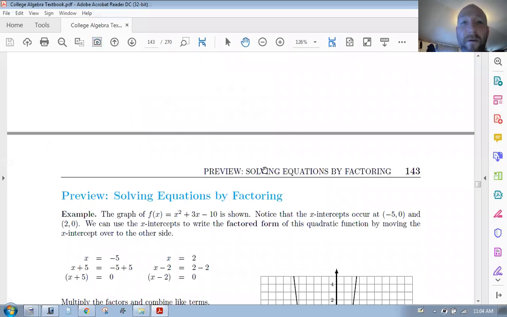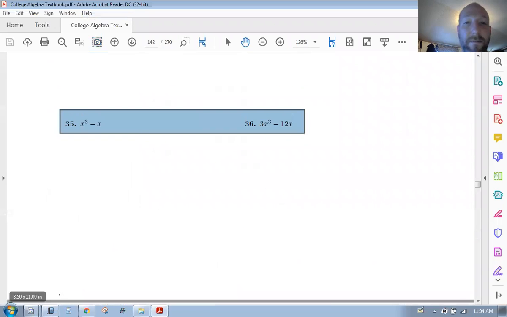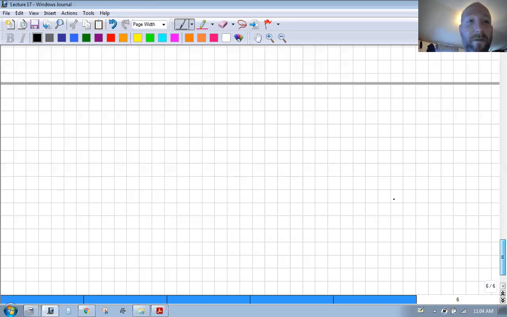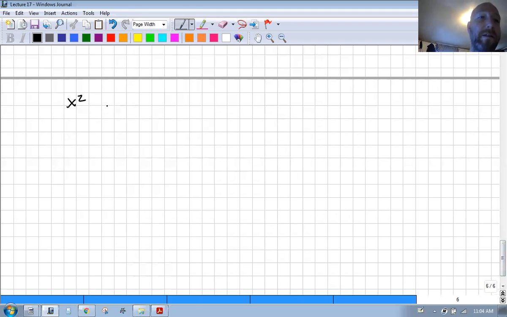And I want to throw one in here. What if I have x squared minus 3? How would I rewrite this as a difference of two squares? 3 is an ugly number, right? Well, I can rewrite it as the square root of 3 squared, which gives us 3.